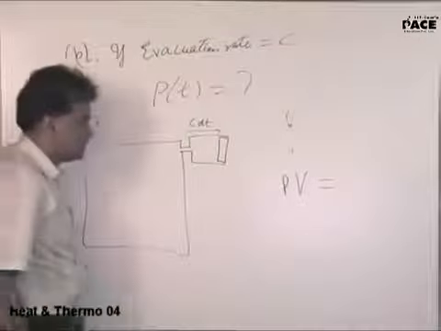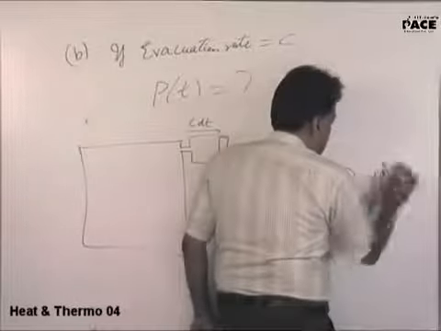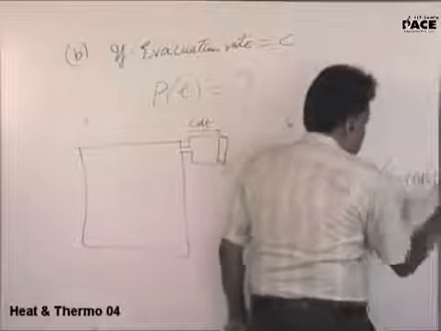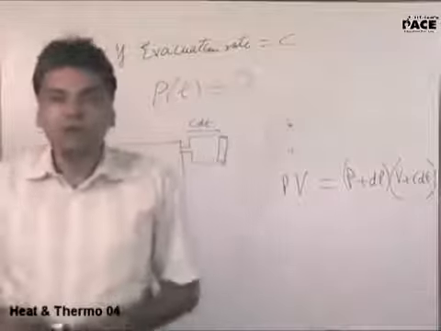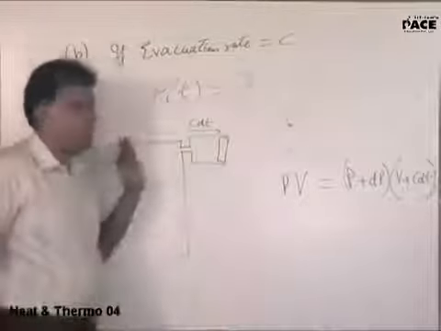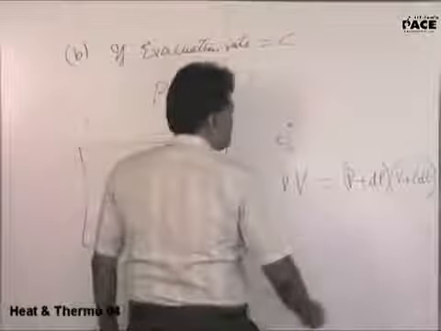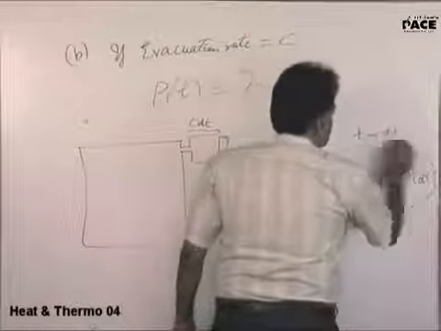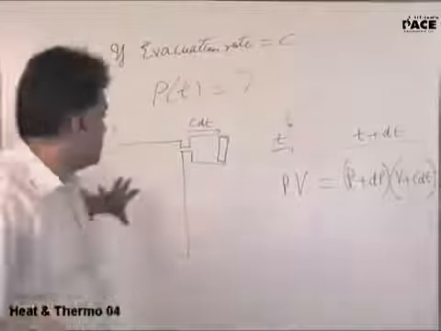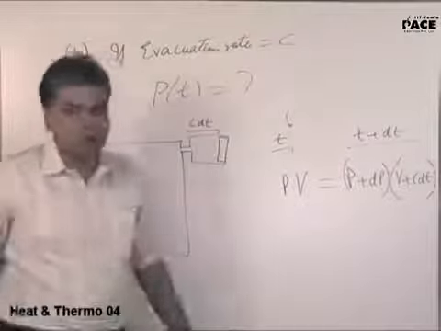The pressure will change by dP. The volume will become V plus C dt. We can use Boyle's law between times T and T plus dt. This is the time T, this is the time T plus dt. That gas which was there in that vessel has slightly gone to the evacuation pump.